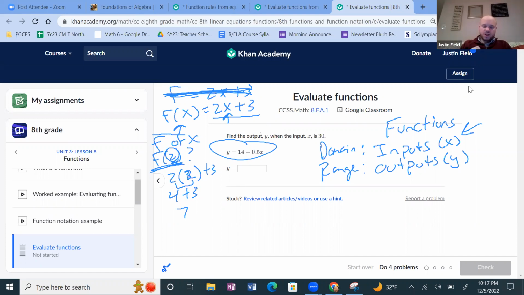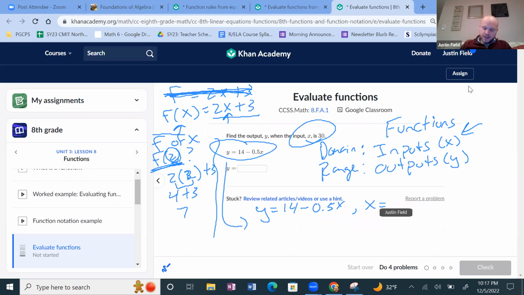With this simpler example, we are going to take our input of 30 and get an output. So I'm going to write my function over. This one, x equals 30.